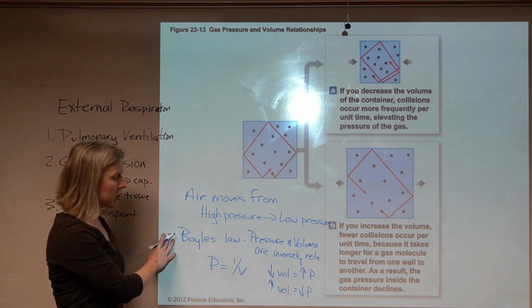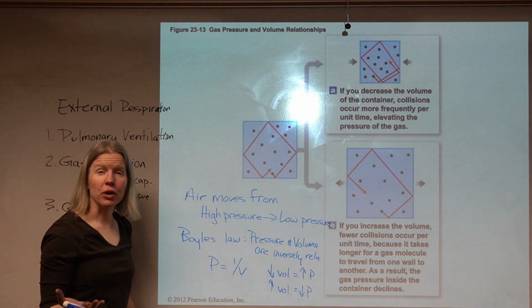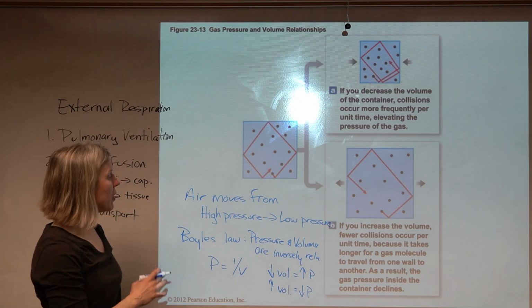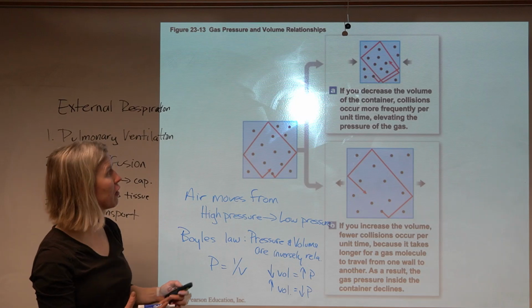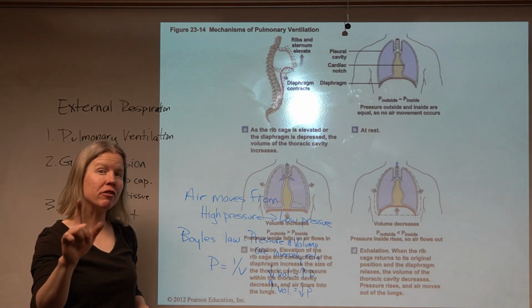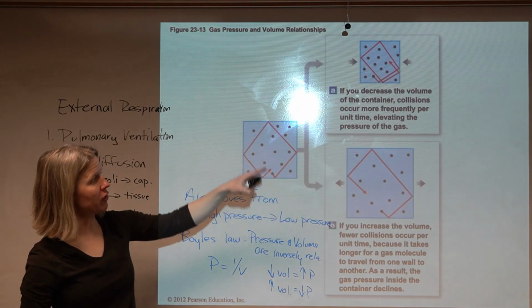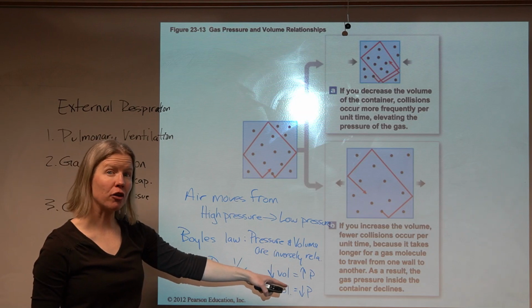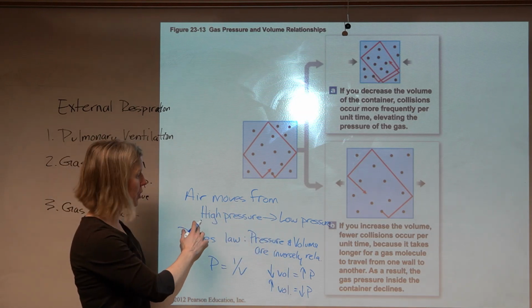So Boyle's law sounds complicated, but it's pretty straightforward if you think it through. But this is actually what the lung is going to function based off of. So we change the volume of the lung to change the pressure, and that is going to determine our airflow, because air always goes from high pressure to low pressure.